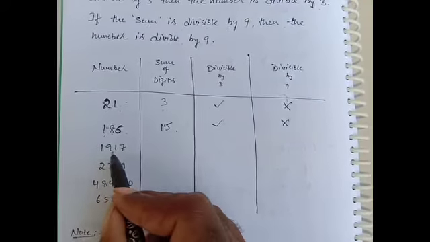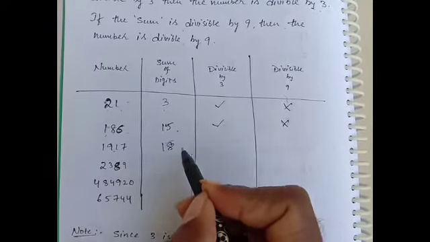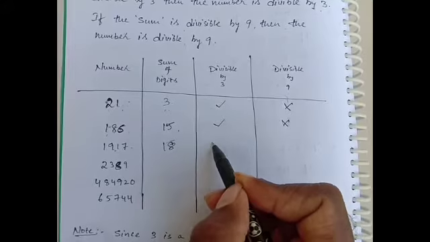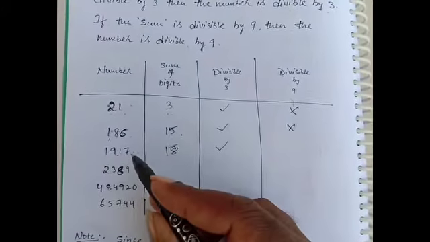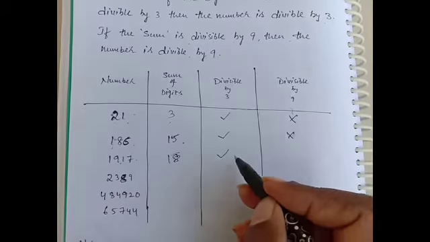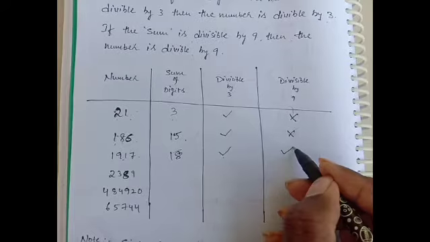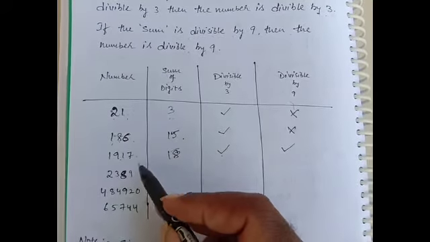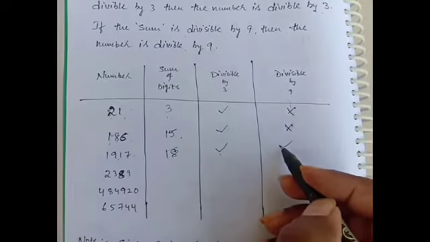The sum of these digits is 18, and 18 is divisible by 3, hence the number 1917 is divisible by 3, and the same way 18 is also divisible by 9, and hence the number 1917 can be divided by 9.